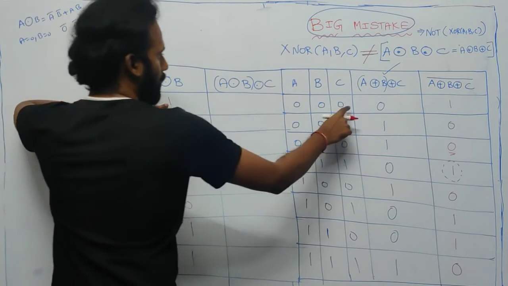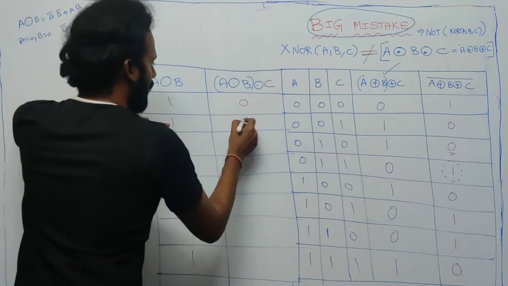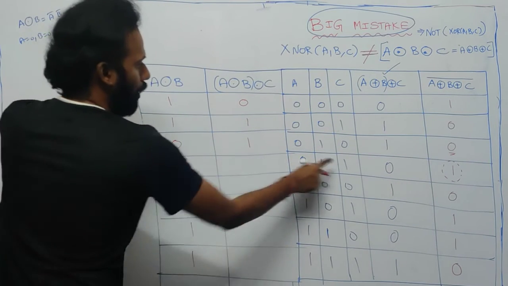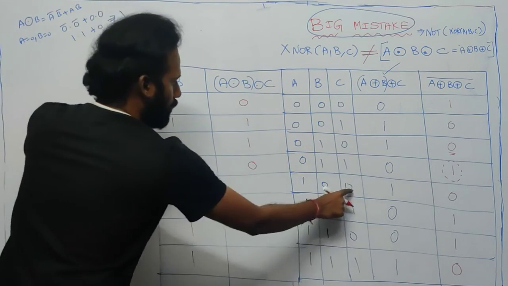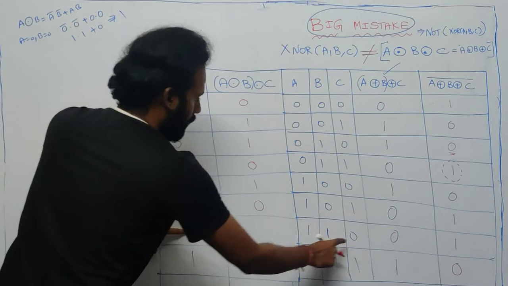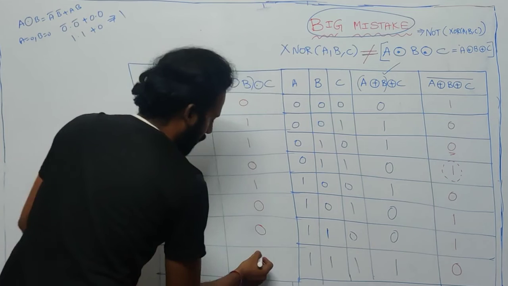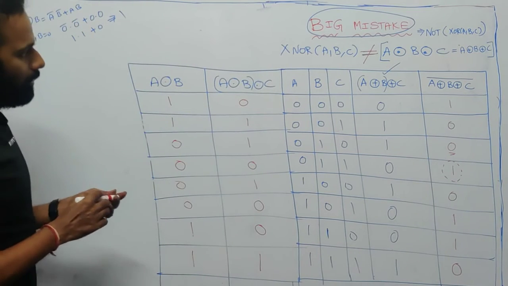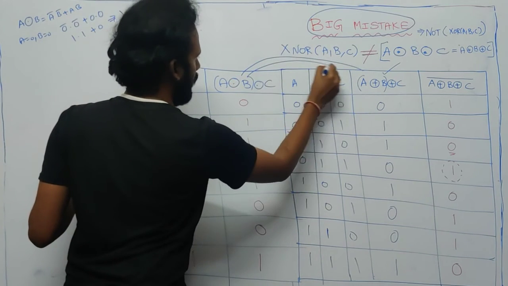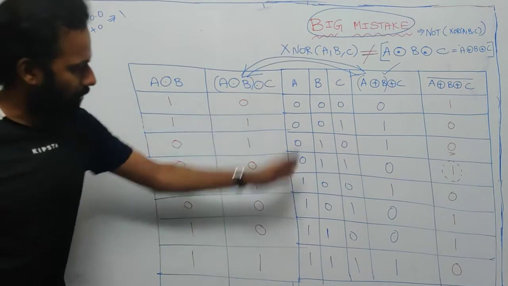Now 1, 0 means different, so 0. 1, 1 same, 1. 0, 0 same, 1. 0, 1 different, 0. 0, 0 same, 1. 0, 1 different, 0. 1, 0 different, 0. 1, 1 same, 1. Now you look at these two. Perfectly the same.